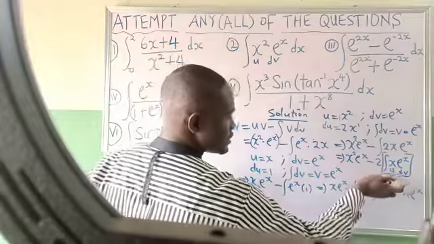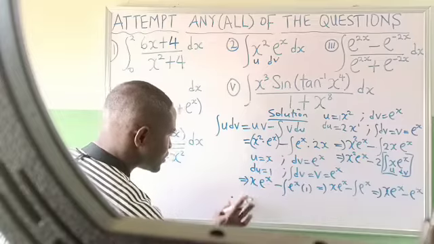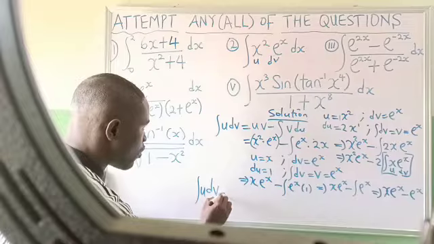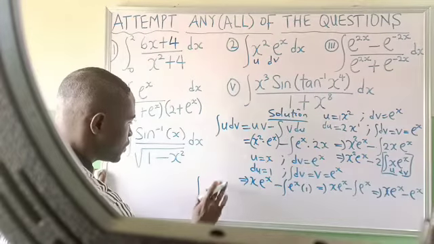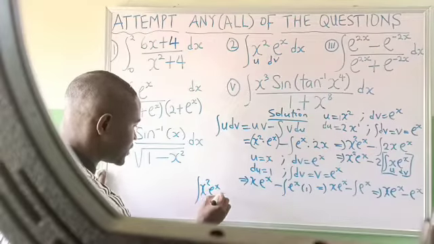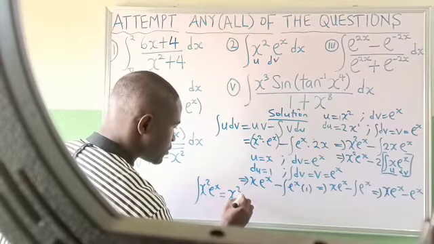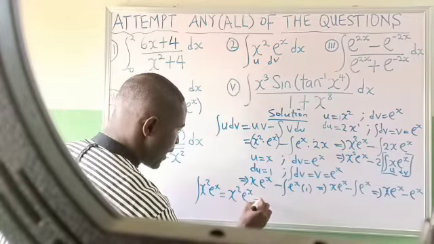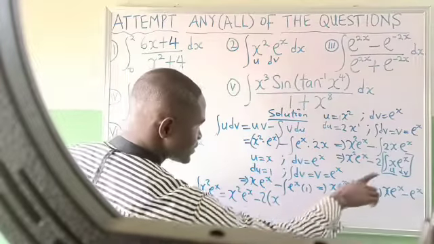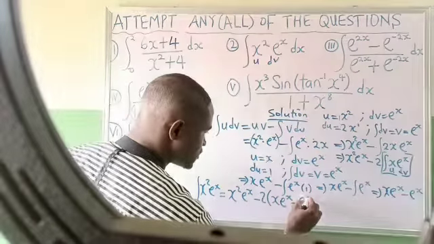So we have integrated this. Finally, our answer will be: integration of u dv, which is the integration of x squared exponential x, is equal to, what do we have? x squared exponential x minus 2 bracket x, integration of this gave us this, exponential x minus exponential x.